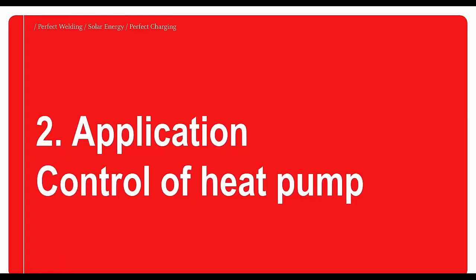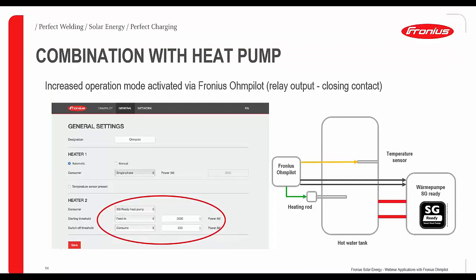So, okay, the second application would be the control of the heat pump. What you can see here is a screenshot of the web interface of the Ohmpilot, where you can do all the settings. In this case we can see heater 1, so there is a single phase heating rod installed, and on heater 2 we can select an SG ready heat pump, and we can also set the starting threshold and the switch off threshold.